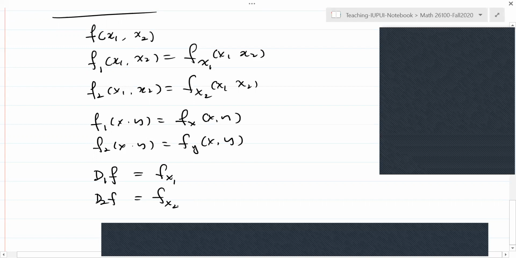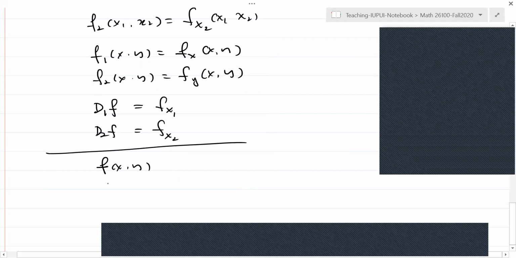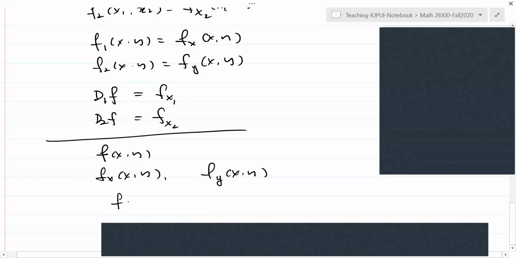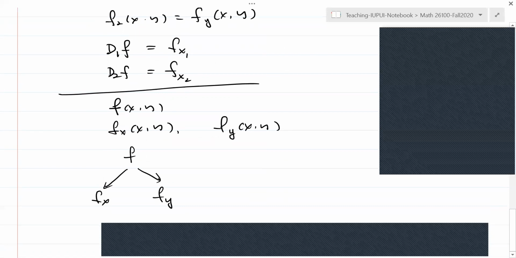There is a very important theorem. Let's look at some examples first. Then you can get higher order derivatives. If a function f has x, y, you can differentiate with respect to x, and you can also differentiate with respect to the y variable. So you get two functions. But each of the two functions, you can continue. f sub x is another function. So basically, you get the first function with partial derivative with respect to x, and another function with partial derivative with respect to y.